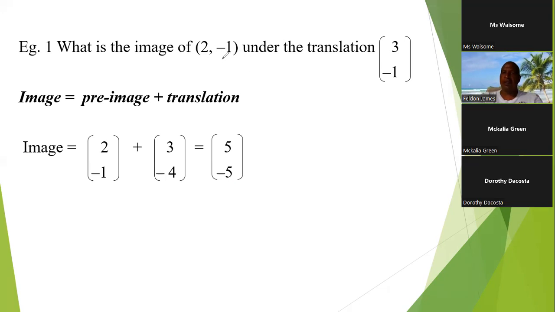For graph purposes, we would write it in the row form, but when we're doing vectors, we write our coordinates as a column matrix. Is that clear? Okay, sir. Right. So once they're given points in row form, you have to convert them to columns when you're actually doing the calculation. And your translation will also be given already as a column vector. All right, so with that, let us move on, guys.